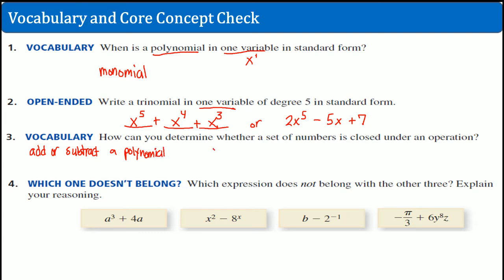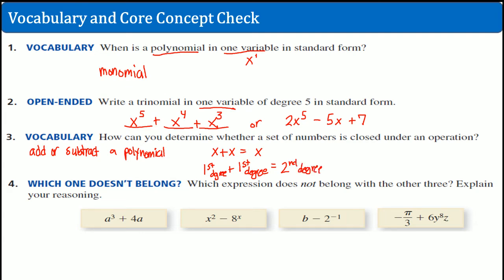What that means is x plus x is equal to 2x. So a first degree plus a first degree is going to be equal to a first degree.